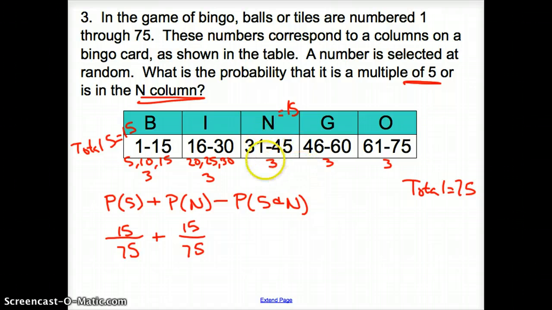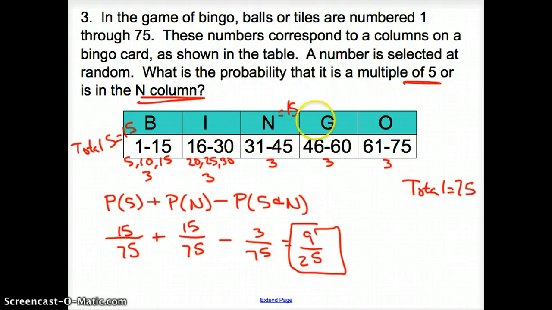So how many 5s are in the N column? Well, we have 3 right here, so we have to take out 3 over a total of 75. Subtract those out. So we add them up, subtract them out, punch into your calculator. You get 9 over 25 for your simplified fraction.